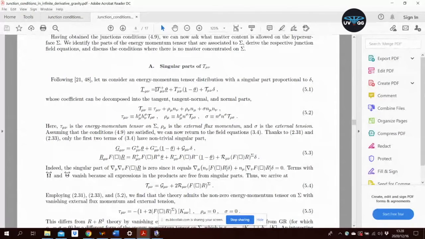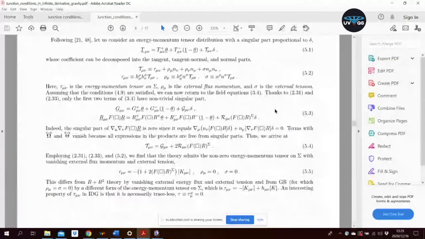You have the energy momentum tensor on one side of the hypersurface, the energy momentum tensor on the other side of the hypersurface, and at this singular term, the energy momentum tensor that you allow on the layer. For example, in Joao-like solutions, you have this thin shell that is allowed because your jump of the second fundamental form is not 0.